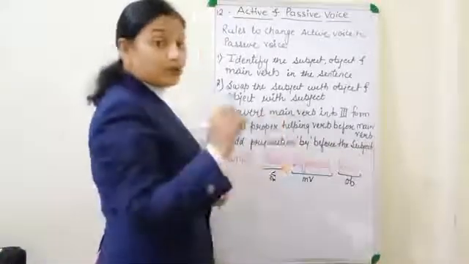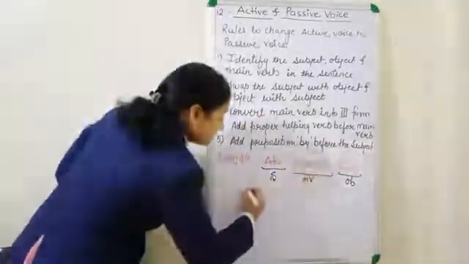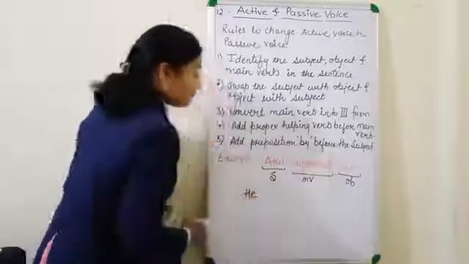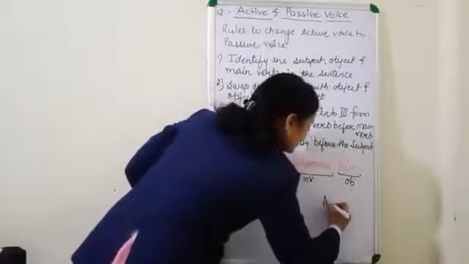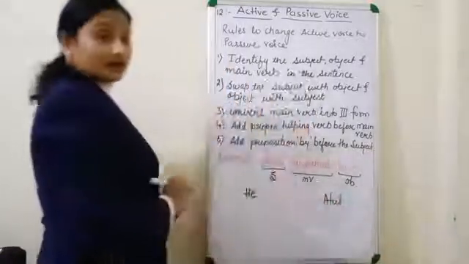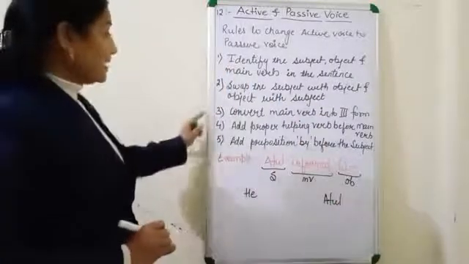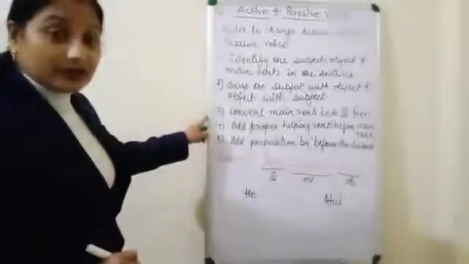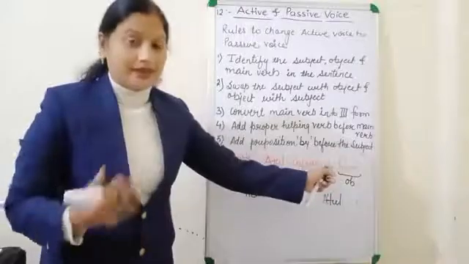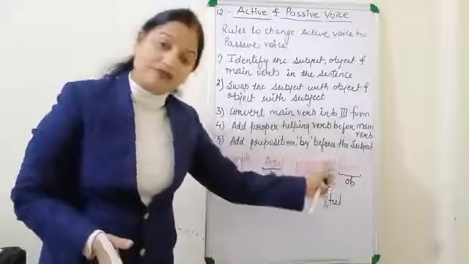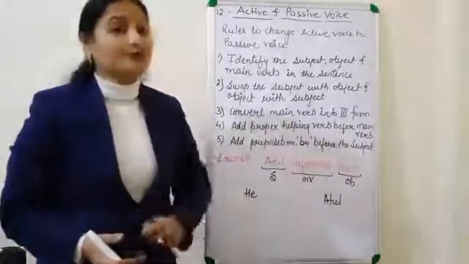So go to rule number 2 now. Him will be changed into he, and Atul will go at the last. So we did this also. Convert the main verb into the third form of the verb. Now informed is already in the past form, and it will be changed into the third form. It will be informed only.